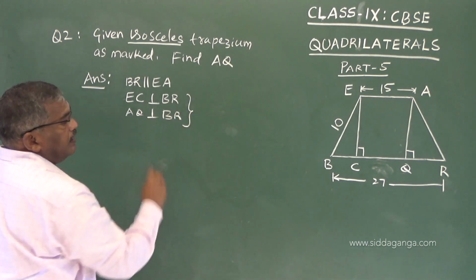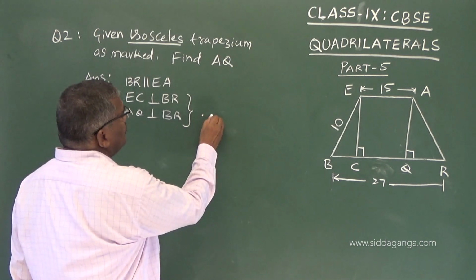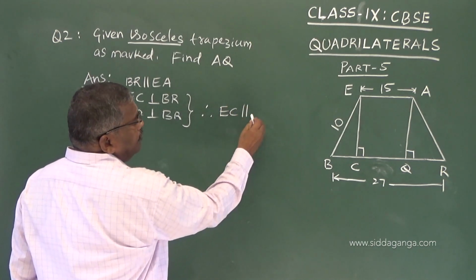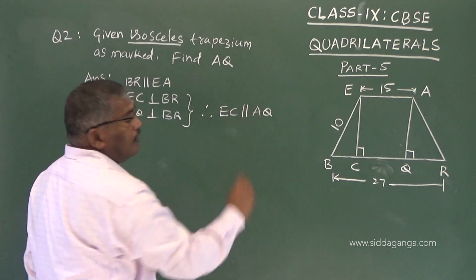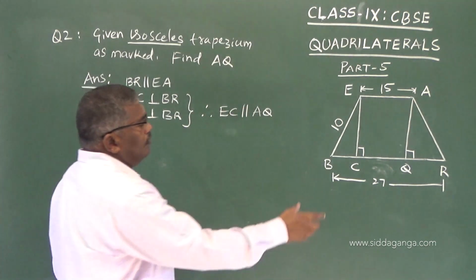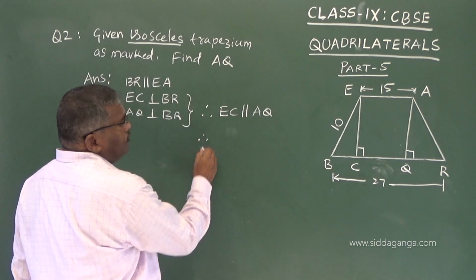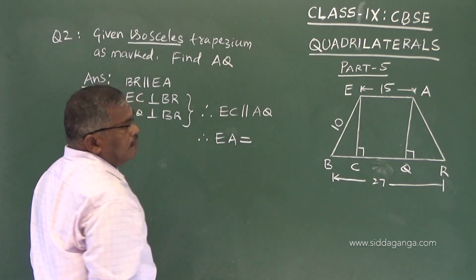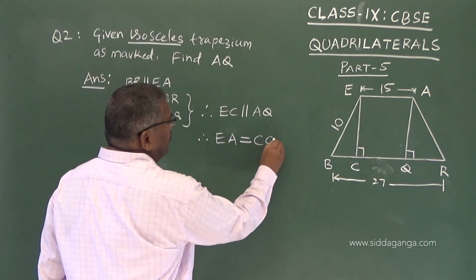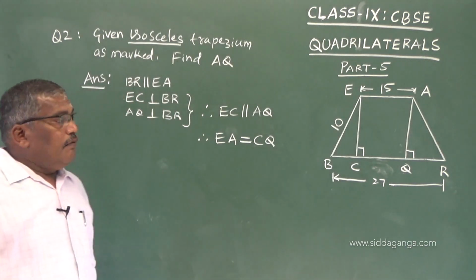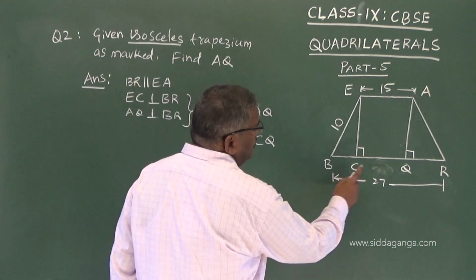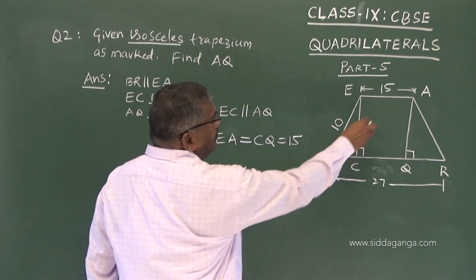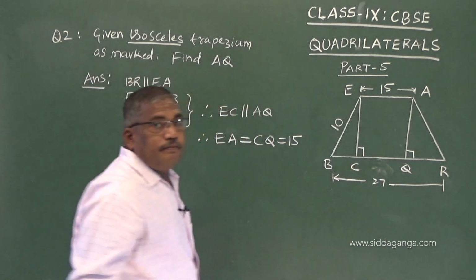This data is given. Therefore EC is parallel to AQ. So what conclusion will we get? EA will be equal to CQ. Therefore CQ equals 15. This is 15, this is 15.